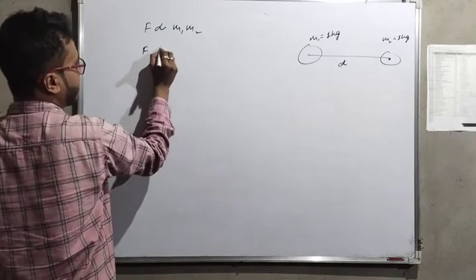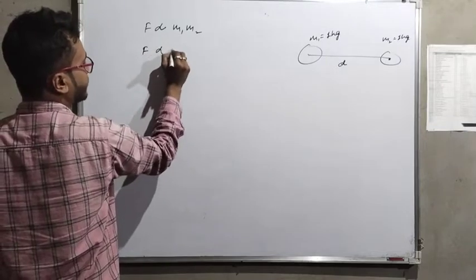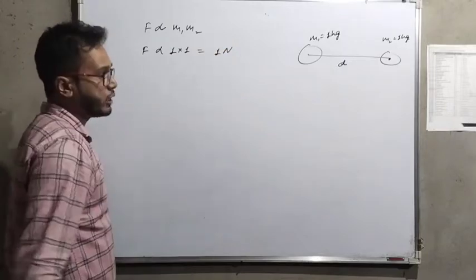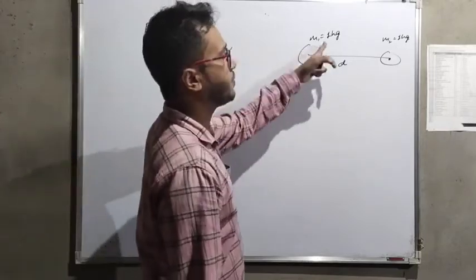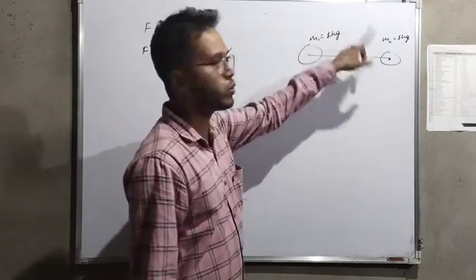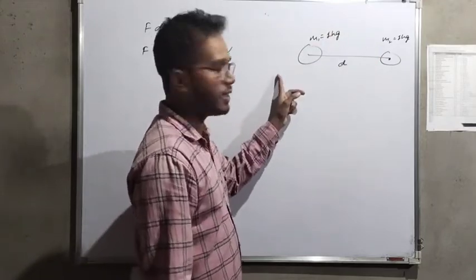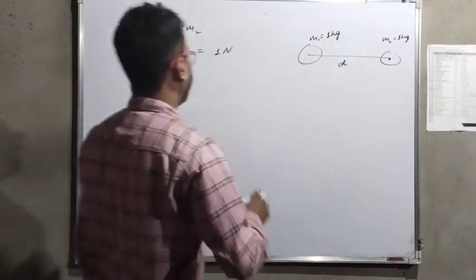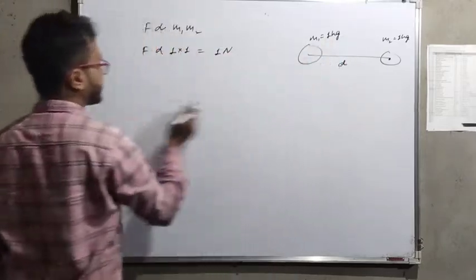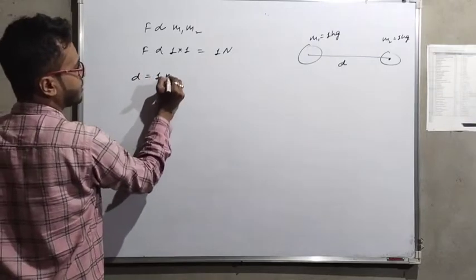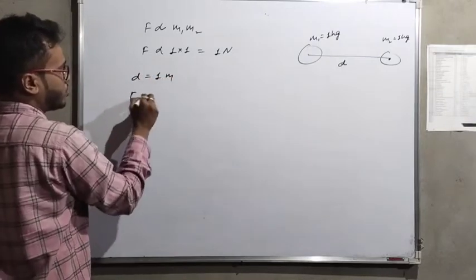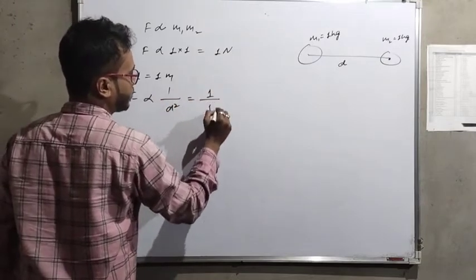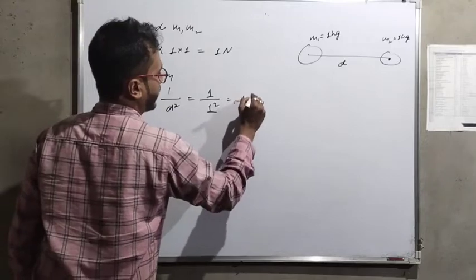With m1 of 1 kg multiplied by m2 of 1 kg, the product is 1. If we increase the masses, say 2 kg and 2 kg, then the product will be 4. So the force will increase if we increase the masses. And if D is 1 meter, the force will be 1 by D square, so 1 divided by 1 square, it will be 1 Newton.